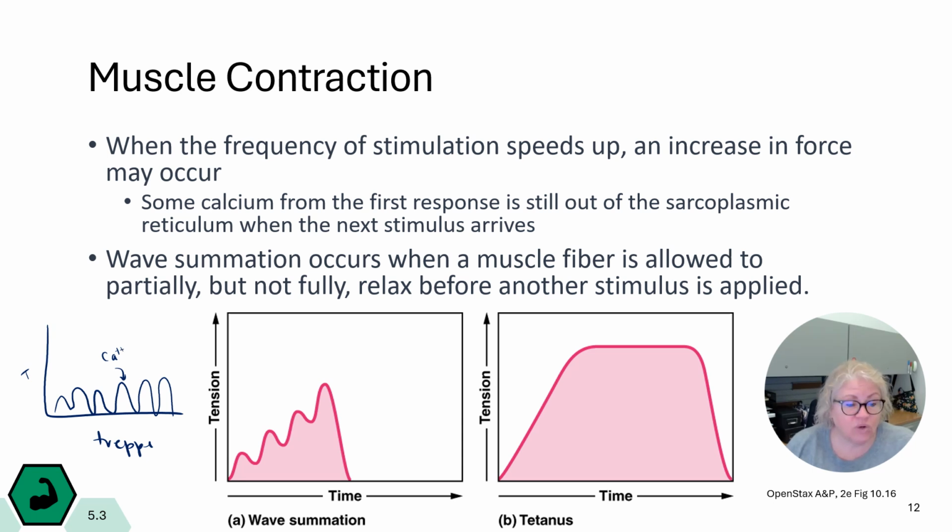If we don't allow it to fully relax, and we keep applying a stimulus before it's relaxed, then we get what's called wave summation, because it looks like a wave. So it looks like a wave moving up. And we get more force because not only are we keeping that calcium out there, but we're not allowing it to fully relax before we apply another stimulus. So that's called wave summation, because it looks like it's getting bigger as a wave.